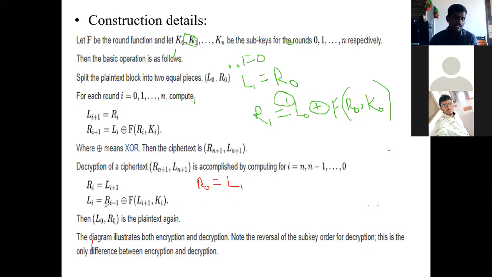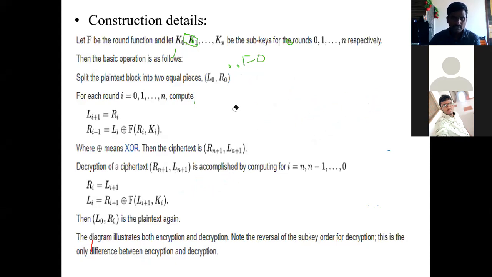And similarly, Li is equal to Ri plus 1 exclusive or f of Li plus 1 comma ki. So this is the representation to get, to represent this encryption and decryption in a mathematical format, how the process will be done.